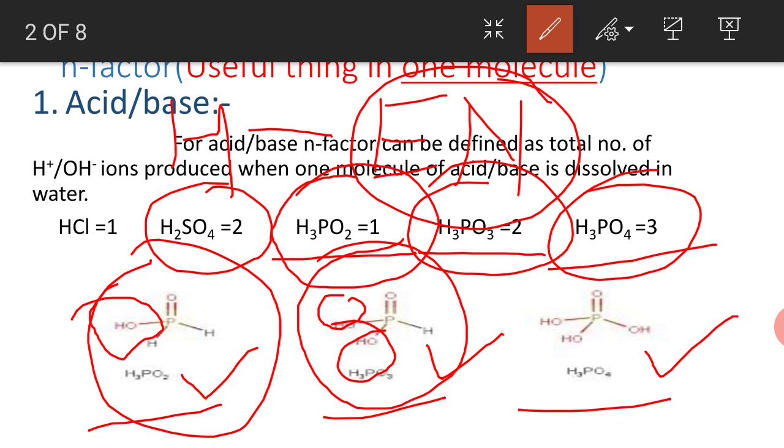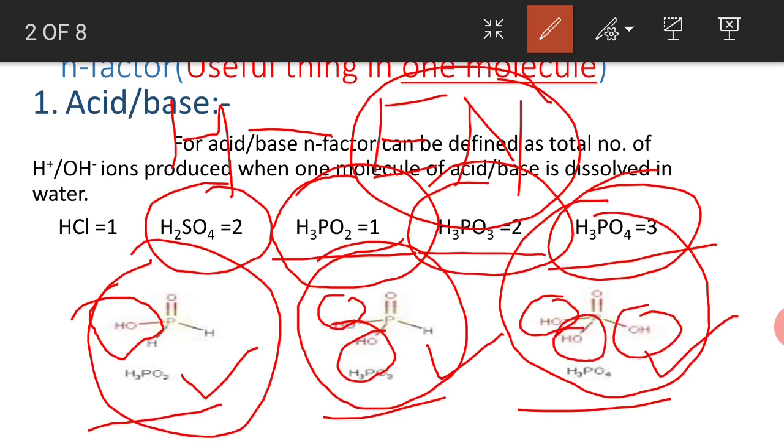That's why the N factor of H3PO2 is 1 and H3PO3 has N factor 2. In H3PO4, I see in the structure 3 hydrogens connected with the electronegative element oxygen. That's why the N factor of H3PO4 is 3. Easy.